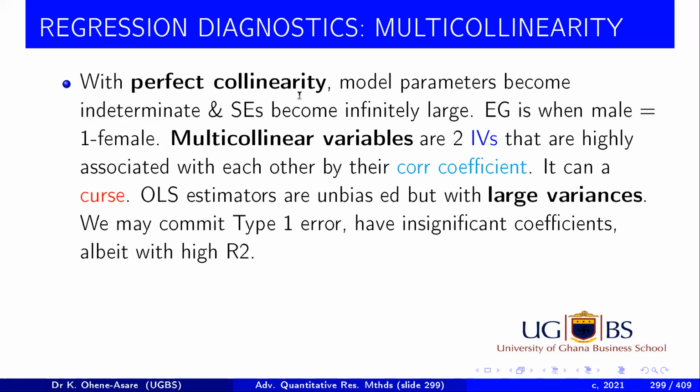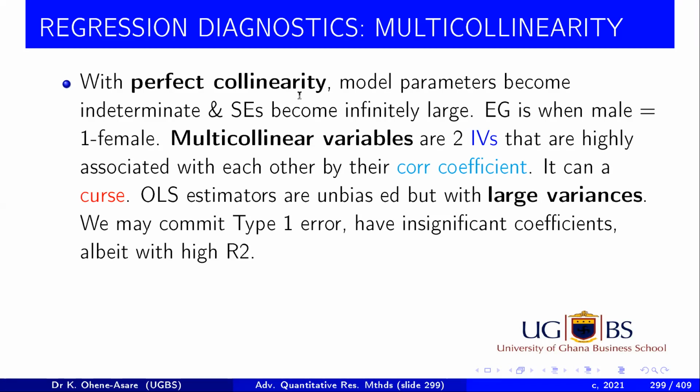And so when two variables generate the same correlation coefficient, we say there is perfect collinearity. With such perfect collinearity, the model parameters will become indeterminate. The estimates will not be reliable. The standard errors become infinitely large.